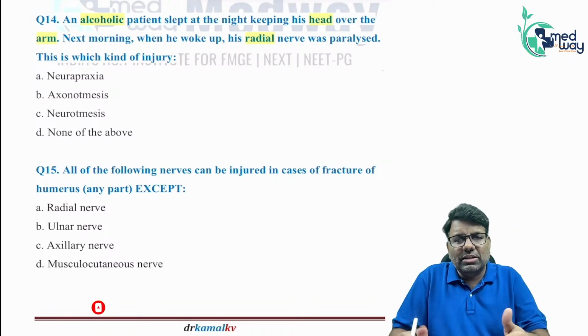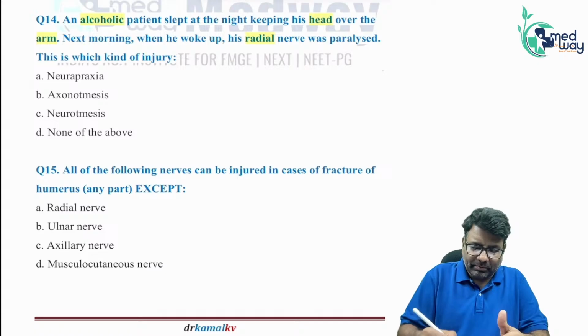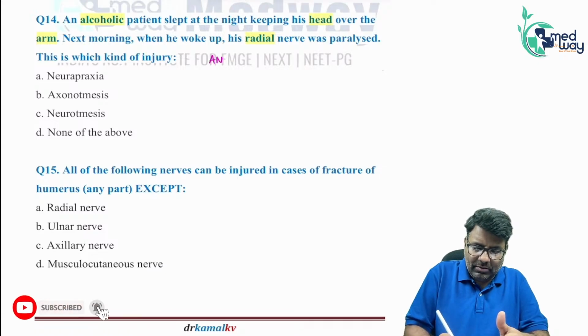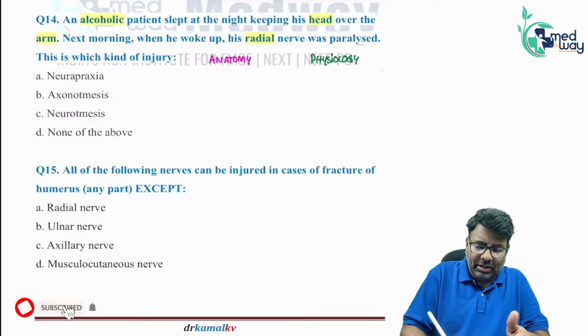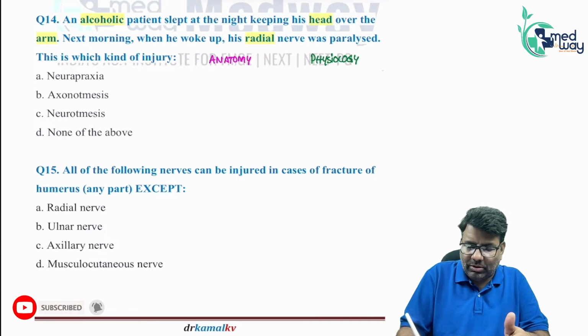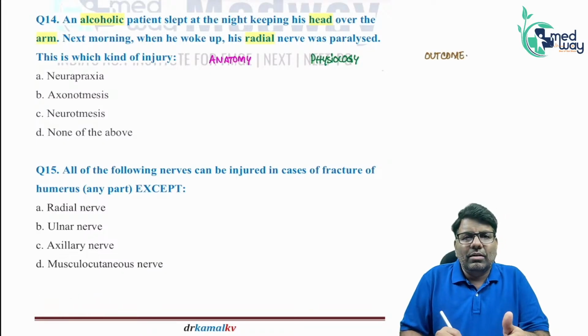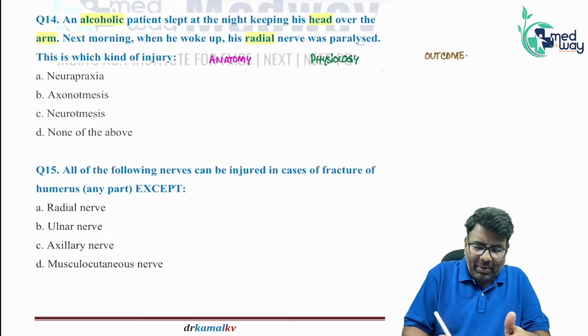So whenever we discuss nerve injuries, we discuss in terms of two facts: anatomy, and second, of course, physiology of the nerve, and third point, based on these two, we can discuss the outcome. Now what happens in neuropraxia?